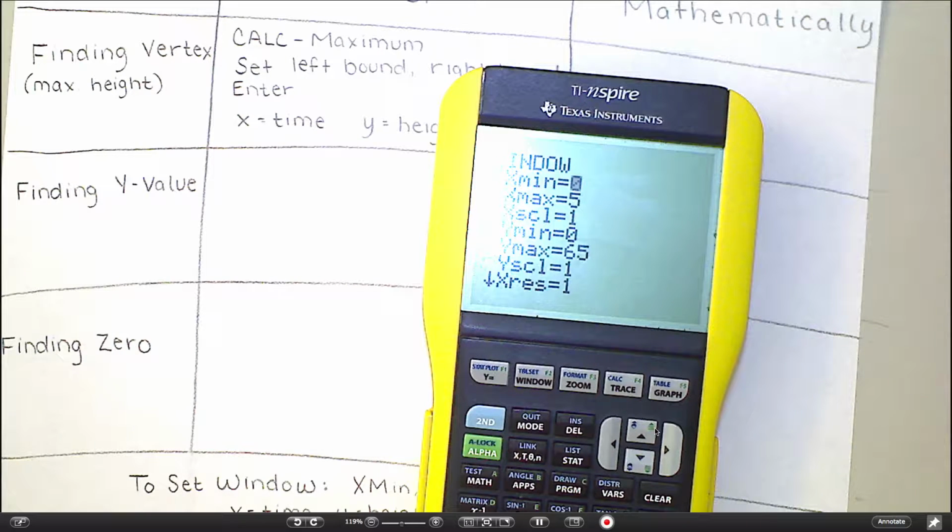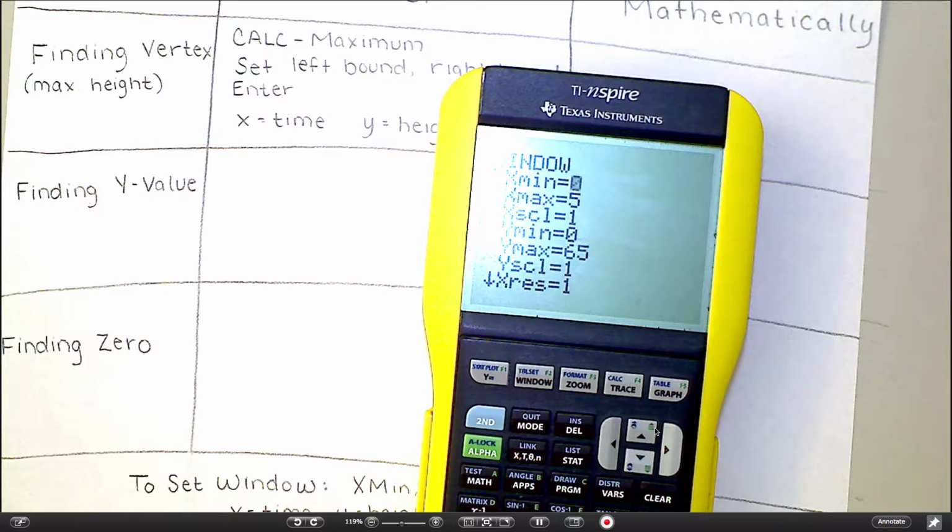Maximum. Left bound, you want to move somewhere to the left of the bump and hit enter. Right bound, move somewhere to the right of the bump and hit enter. And then when it says guess, hit enter one more time. And there are your numbers.